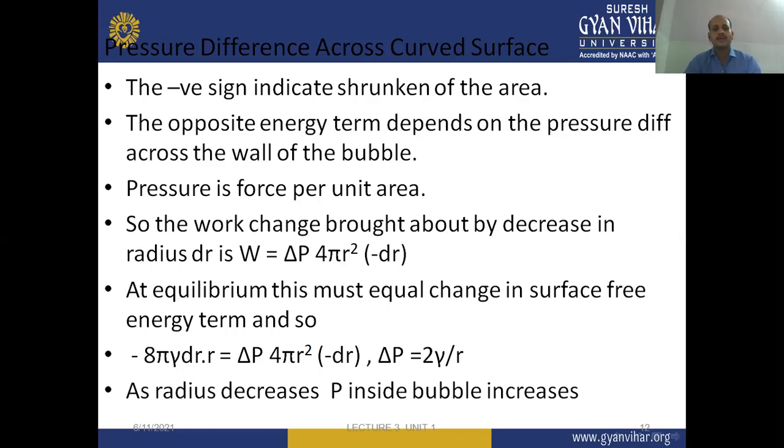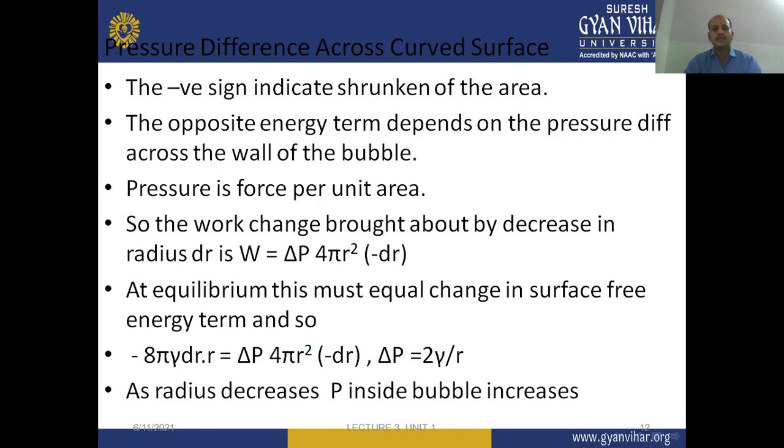So when we take both of the equations, we can obtain the final formula for pressure difference. So minus 8 pi gamma r dr is equal to delta P 4 pi r square minus dr. When we simplify this equation, we obtain the formula delta P equal to 2 gamma by r.